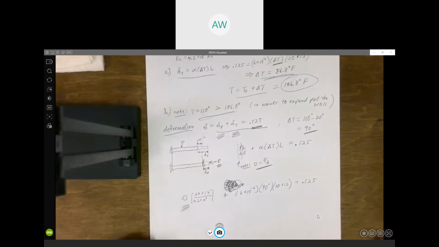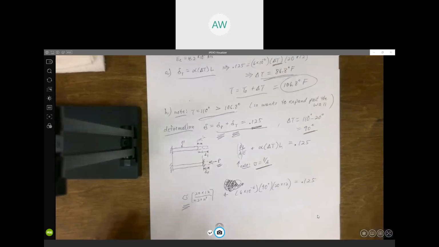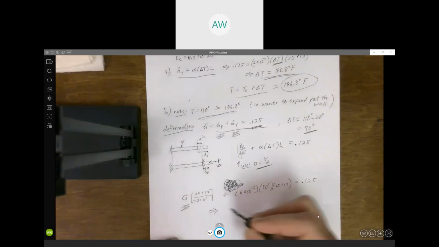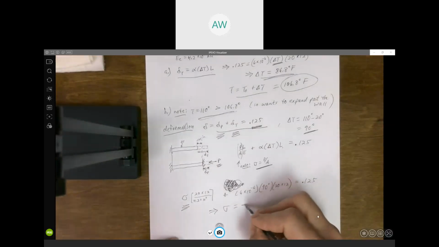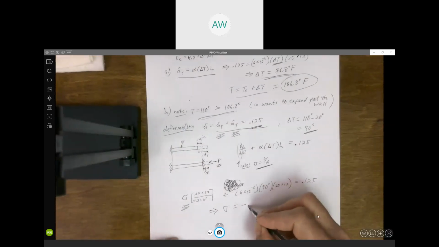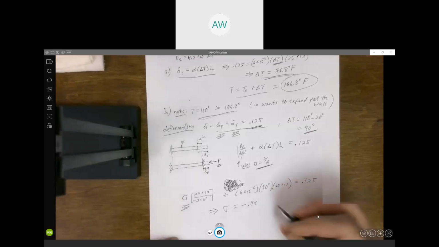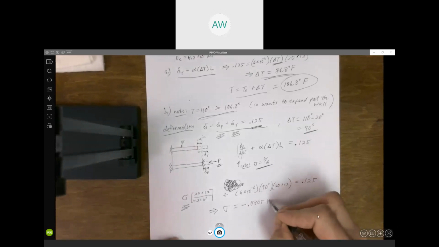And we solve for stress. I think it looks like I've got all my numbers in the right place. So, again, we'll skip going through the algebra. I got, it's going to come out negative 0.08, I don't know, 05 KSI.